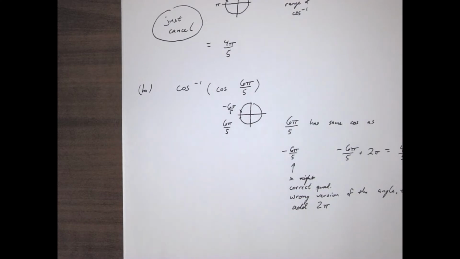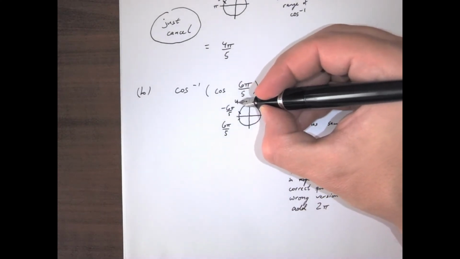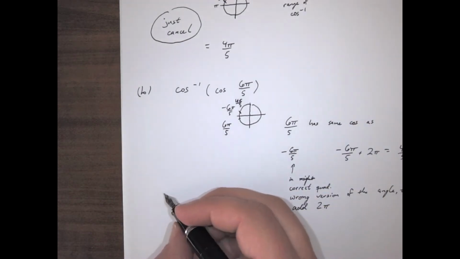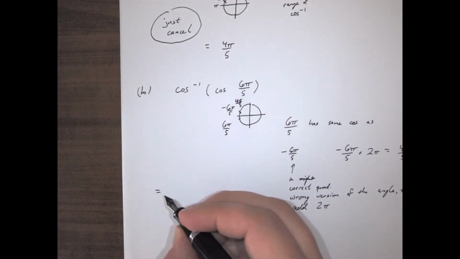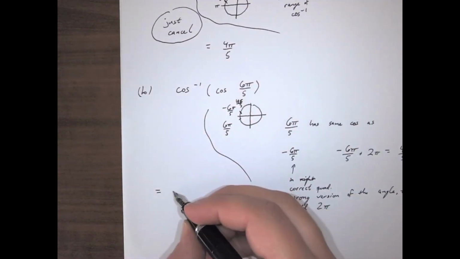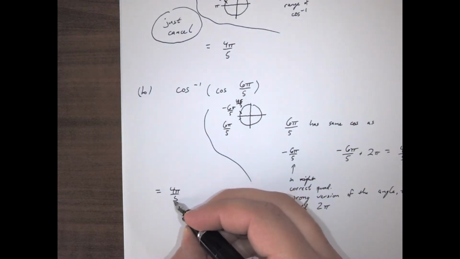So this is the same as 4 pi over 5. And that's the angle in the correct spot, in the correct format, whose cosine is the same as this. So all together, this was all just work to the side, and our final conclusion is still 4 pi over 5.